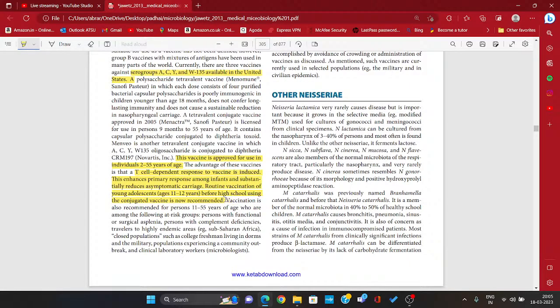Vaccination is also recommended for persons 11 to 55 years of age who are at risk: persons with functional or surgical asplenia, persons with complement deficiency, travelers to highly endemic areas, for example sub-Saharan Africa, close populations such as college freshmen living in dorms and military populations, populations experiencing a community outbreak, and clinical laboratory workers and microbiologists.